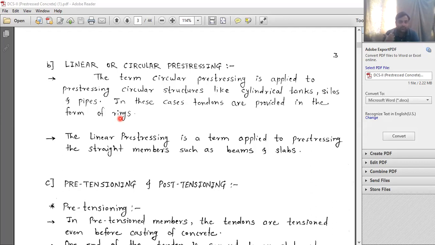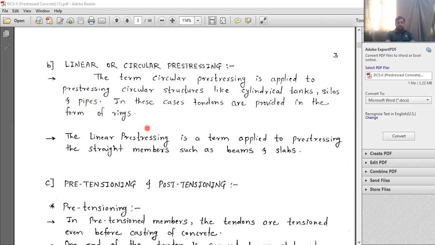It is mostly provided in cylindrical tanks. I have already talked about water tanks, then silos and pipes. Where this prestressing is done, it is called circular prestressing. Next is linear prestressing.